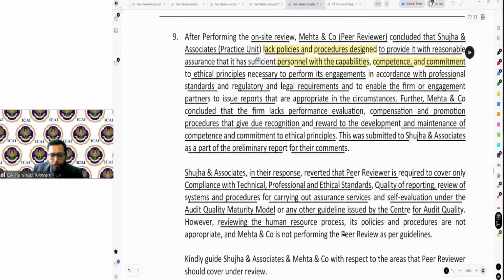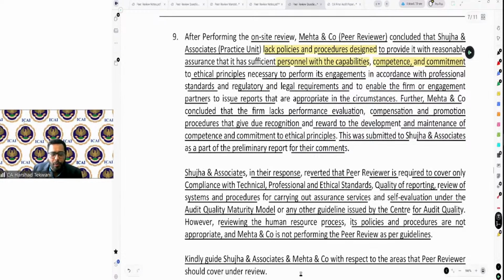However, reviewing the human resource process, its policies and procedures, is not appropriate, and Mehta and Company is not performing peer review as per guidelines. Kindly guide Sujai and Associates and Mehta and Company with respect to the areas that the peer reviewer should cover under the review.